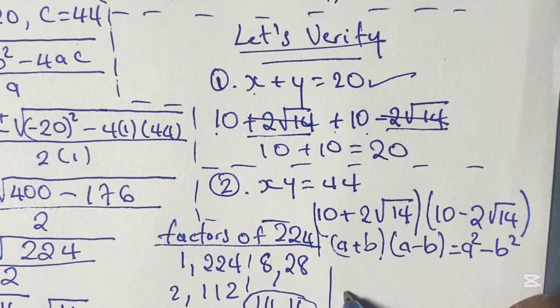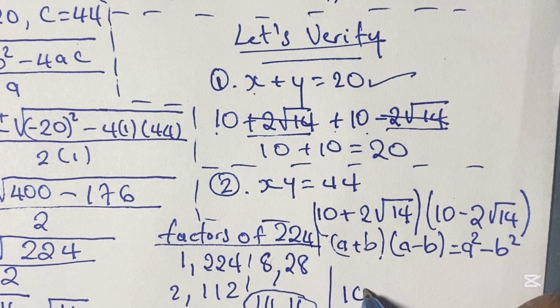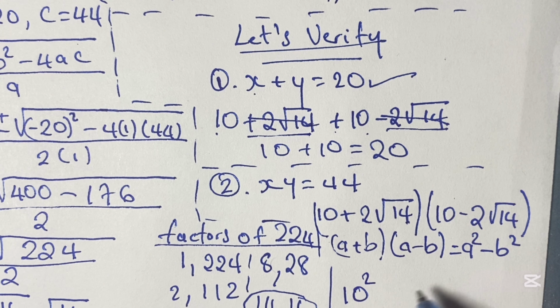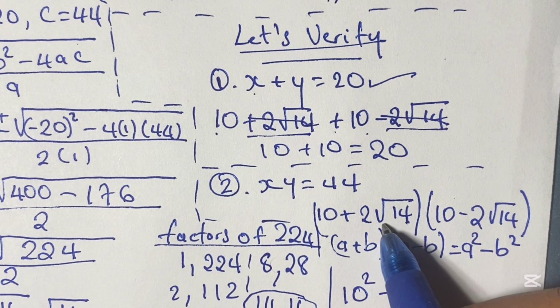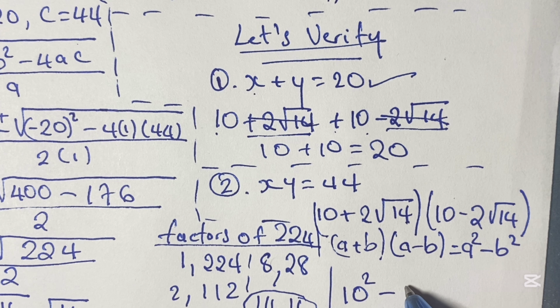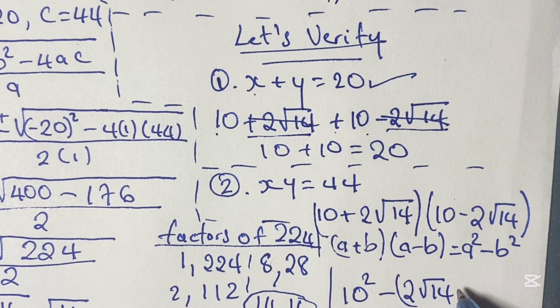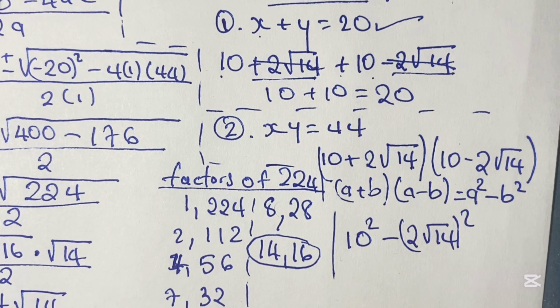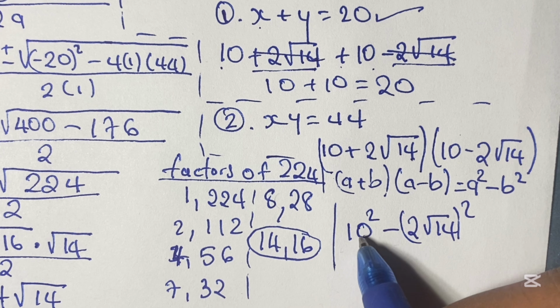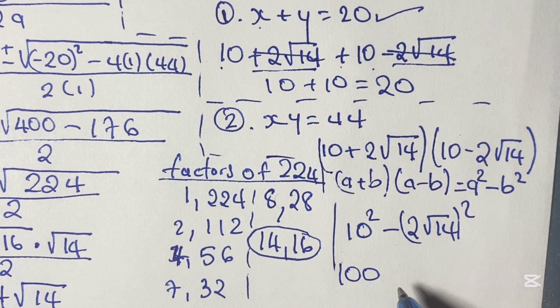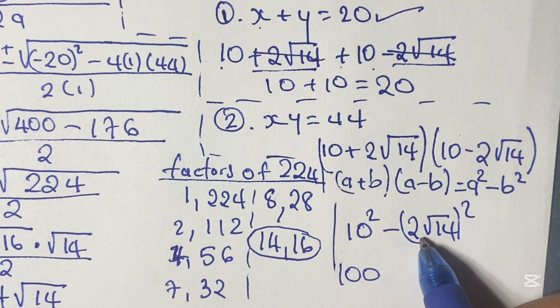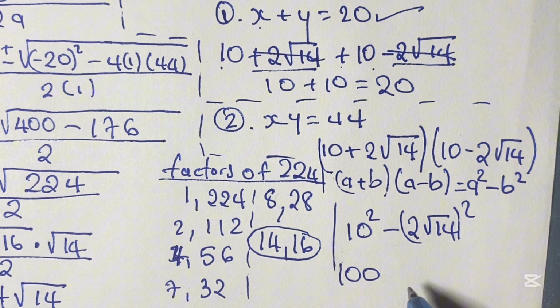So we can actually write our equation looking very similar like this as 10 squared minus 2 root 14 will also be squared, so we have bracket 2 root 14 all squared. Now we know that 10 squared is equal to 100, and we have minus 2 squared, which is going to be 4, so we have minus 4.